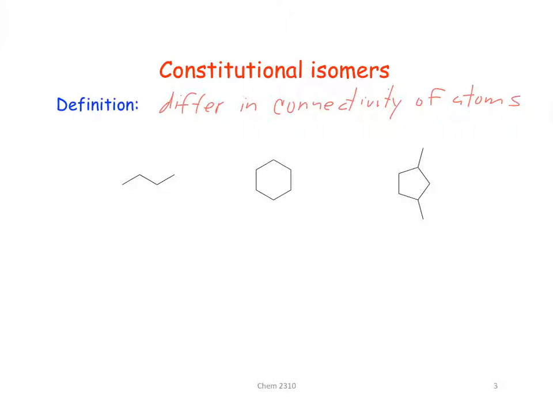They're isomers, so they're different from one another, and the way they differ is how the atoms are connected. Let's start with three examples. Here we have butane. What could be a constitutional isomer of butane?